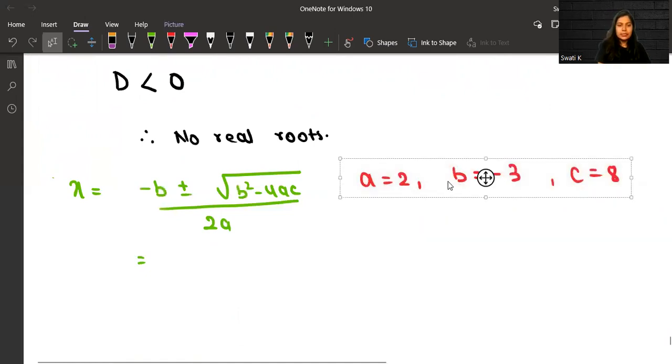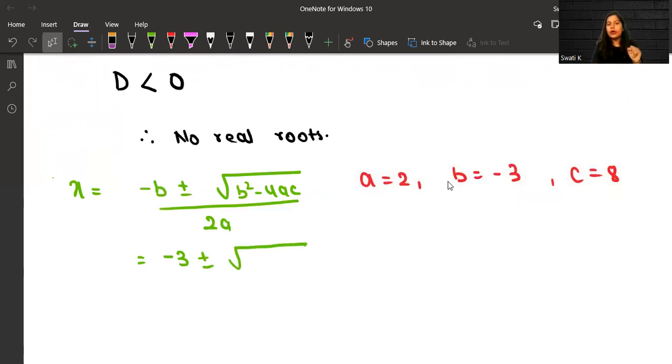Let's put minus 3 plus minus root over b square minus 4ac. We already got this b square minus 4ac, that was minus 55, upon 2a. So 2a, that means a is 2, so 2 into 2 is 4. So we are getting minus 3 plus minus. I hope you know how to solve this.